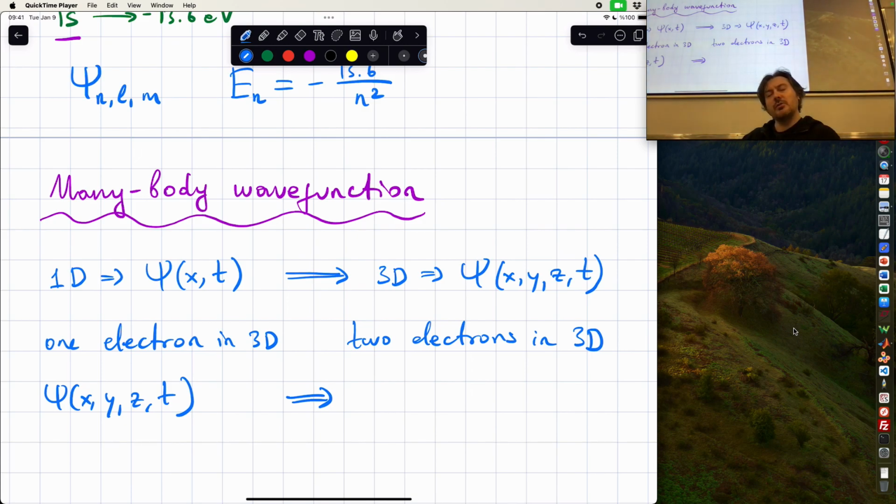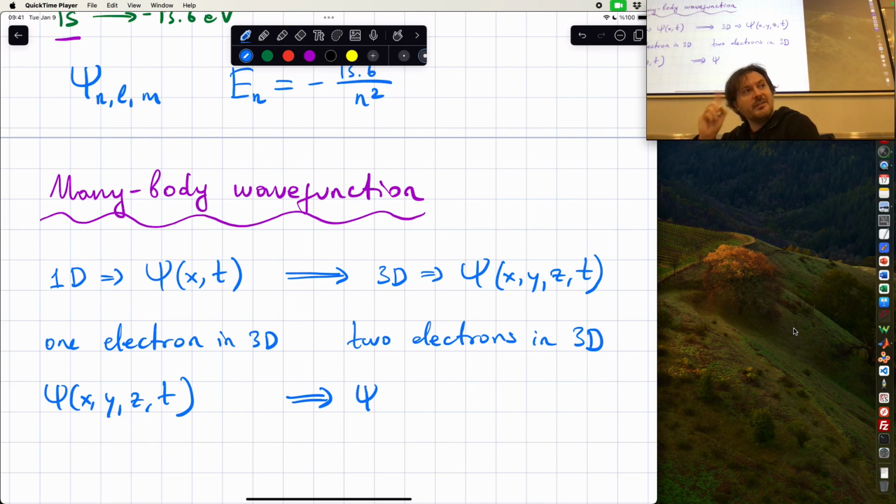Can you guess how you would extend it? X1, X2, Y1, Y2. Very good, very good. That's the right way to go.